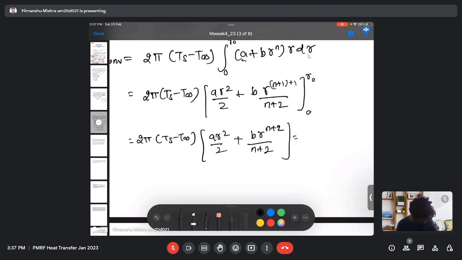I can put the limits inside the bracket: A r naught squared by 2 plus B r naught to the power n plus 2 over n plus 2.